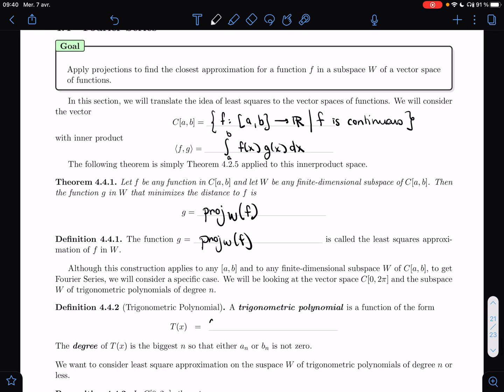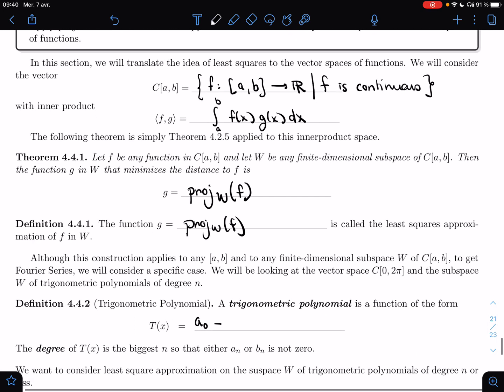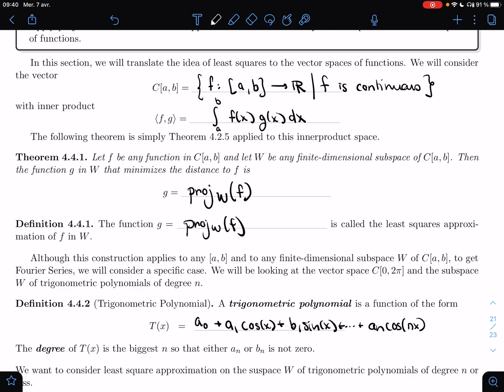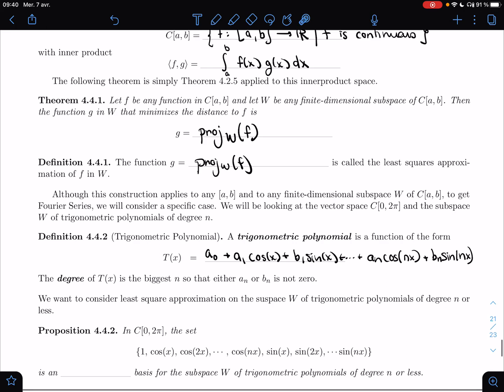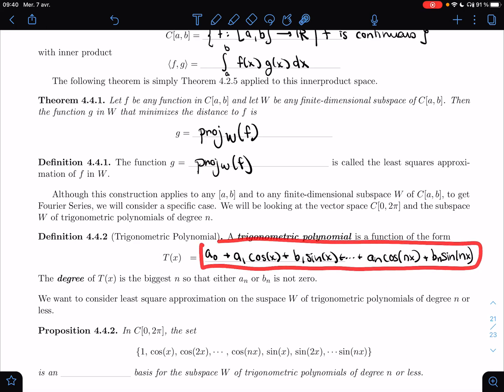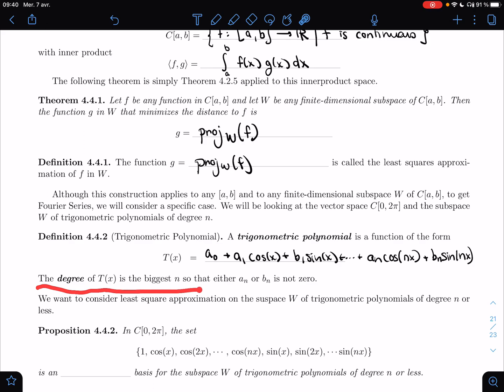So it's going to be a0 plus a1 cos x plus b1 sin x, and we'll go up to an cos(nx) plus bn sin(nx). This is called a trigonometric polynomial. Notice that instead of putting powers, we're going to put indices here. The degree of t(x) is the biggest n so that either an or bn is not 0.